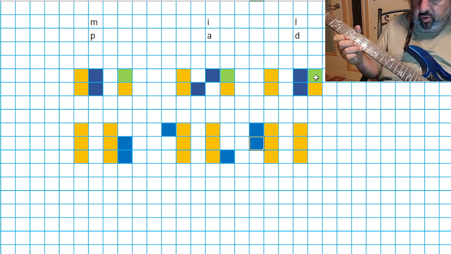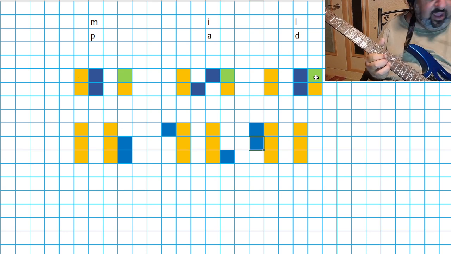I'm just trying to go all over the fretboard here. Thinking along one string.